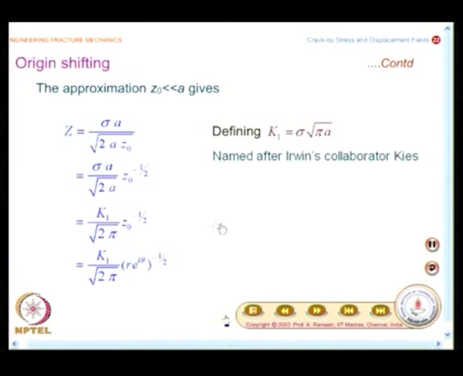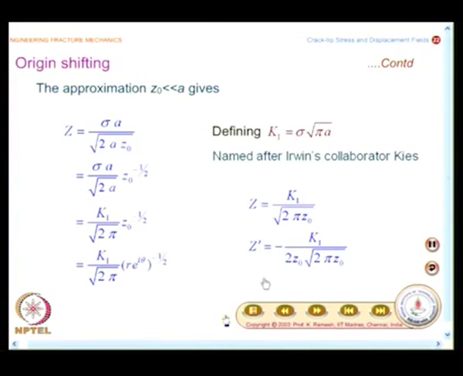That is what we are proceeding at. And we would also look at a basic definition of what is a stress intensity factor, because we have what is the Westergaard stress function. The moment I write the stress function in this way, you should recognize, because we have said z naught is very small compared to the crack length, this will provide you only a near tip stress field.